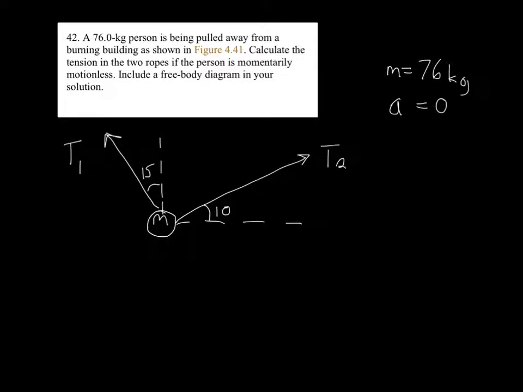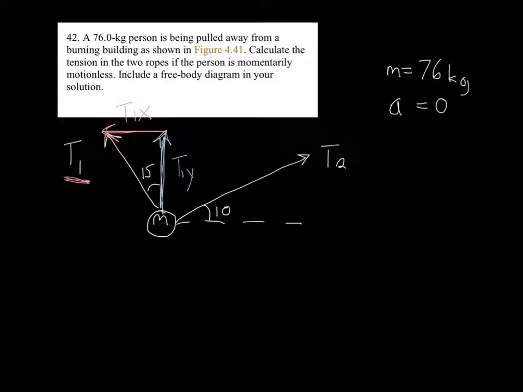Tension number 1 has a little bit going up. We'll call that T1y going upwards. And a little bit of tension going backwards. We'll call that T1x. And that gets me to my total vector T1, which is the hypotenuse of that triangle.